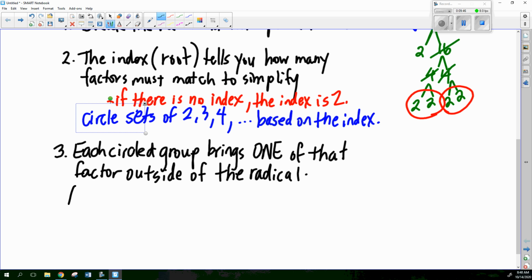Any prime factor not circled stays under the radical.